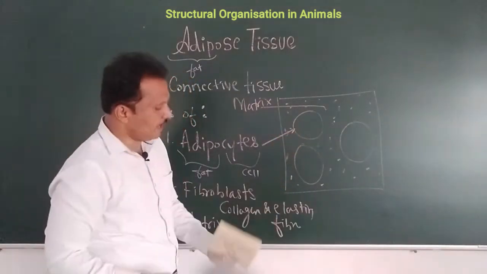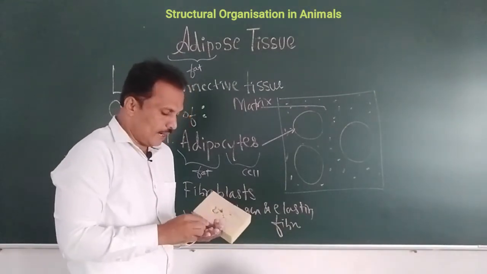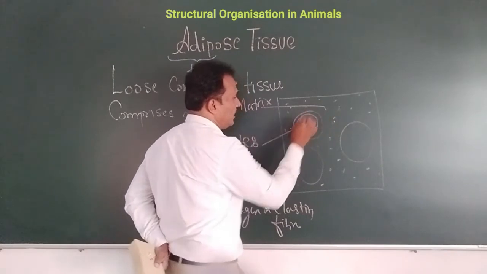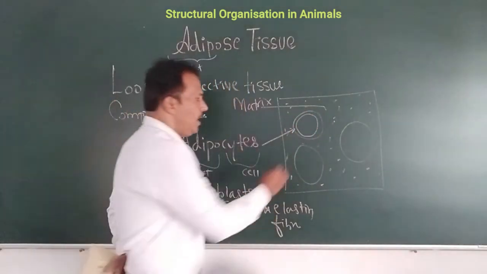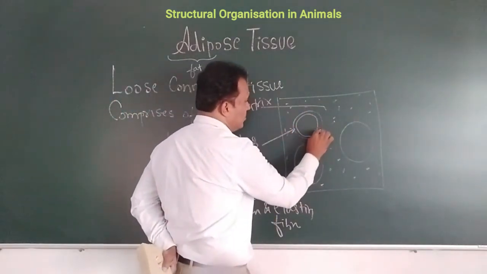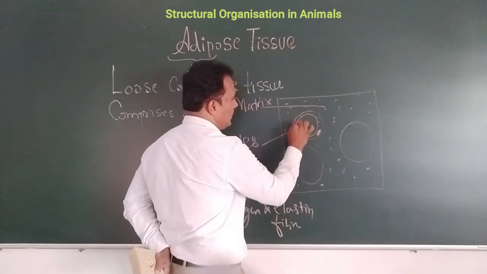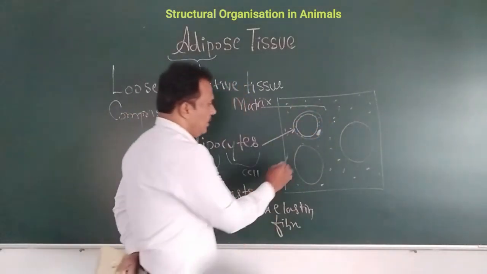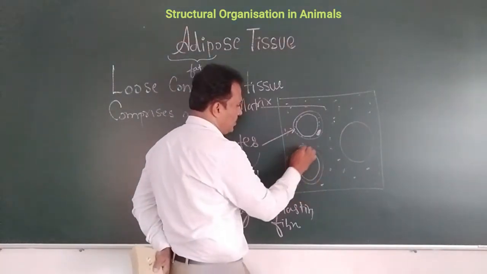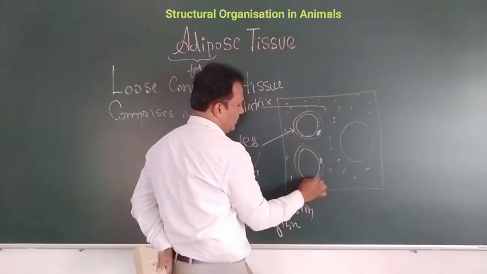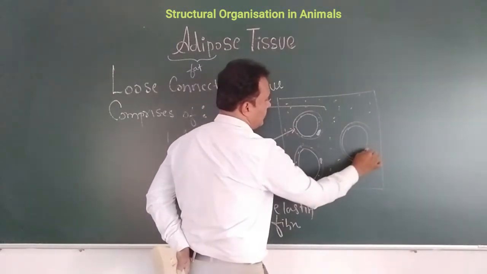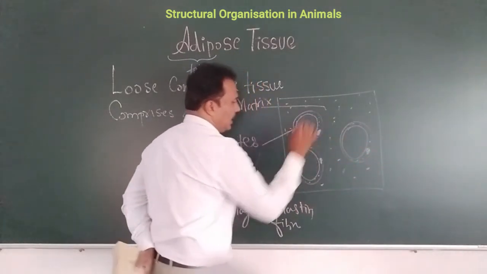When you talk about how the adipocyte appears, this is a fat globule present inside the adipocyte, and on one side you will find the nucleus and other organelles inside the cell. This is one kind of adipocyte. Here also you will find the same picture, the nucleus and the other organelles.